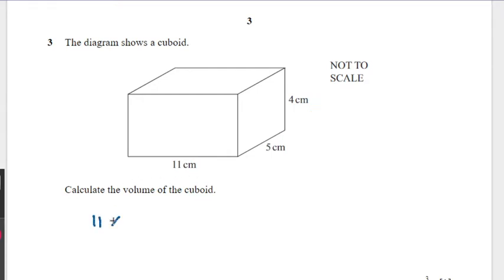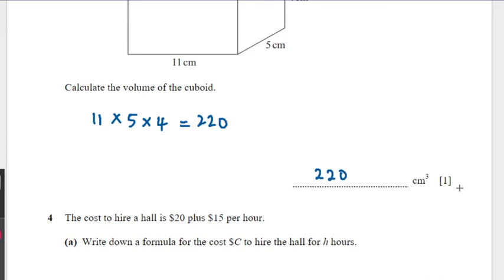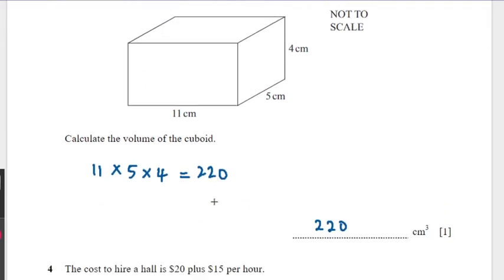So 11 times 5 times 4. 25 times 4, 20 times 11, 220, isn't it? So you write here 220 cubic centimeters. That is a free 1 mark for you. That's number 3, quite simple.